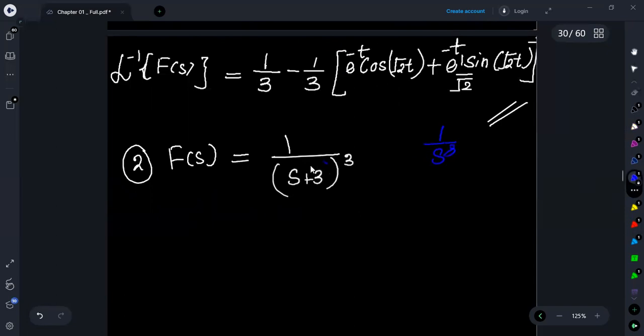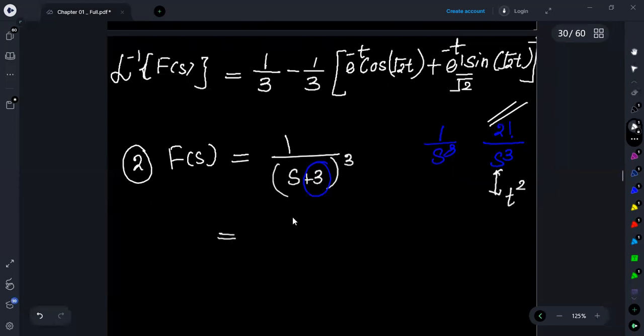So, without considering the shift, just check whether such a function, 1 over s to the power 3, is in our table or not. We have in our table the function 2 factorial over s to the power 3. So then we can see that if this is s to the power 3, then the respective inverse Laplace transform is t to the power 2.